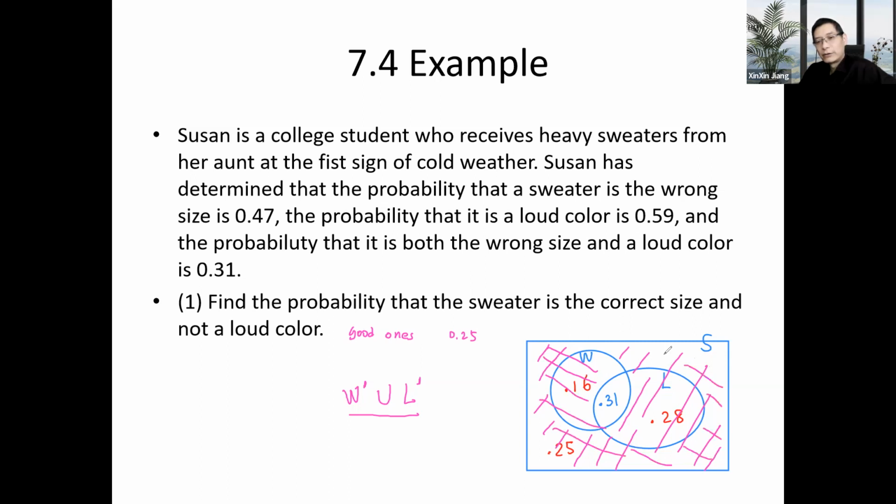Now we are looking for the union, not the intersection. So everywhere that is shaded would be included in this. So the answer would be 1 minus 0.31, which is 0.69.